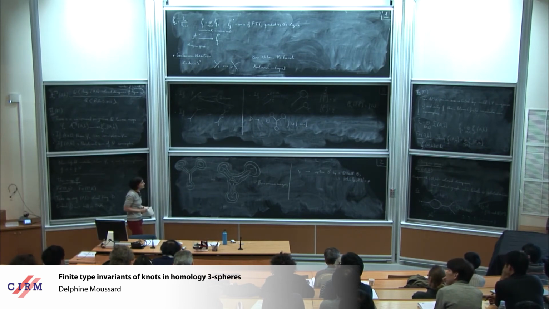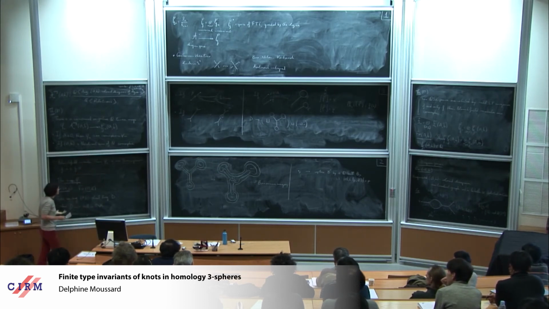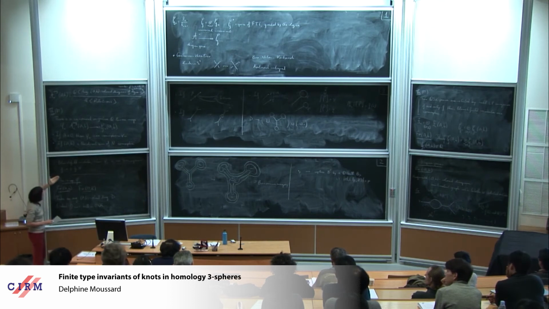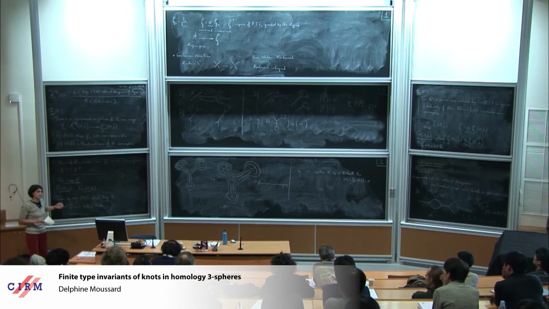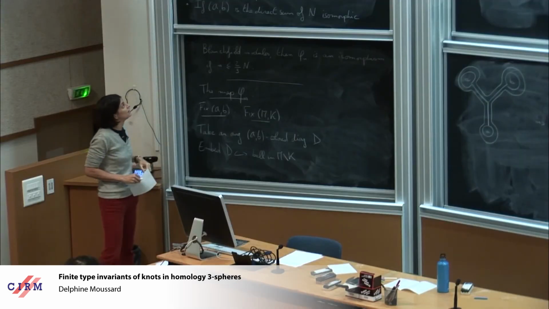So this defines a bracket in the quotient GnAB. So this makes sense. We have such a map. Of course, there are many choices in the definition. So we have to check invariance. We have to check that it satisfies the relations defining the diagram space. And we have to check surjectivity. So this gives this canonical map.